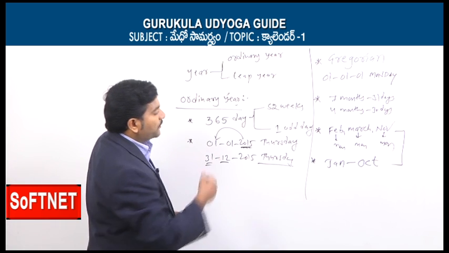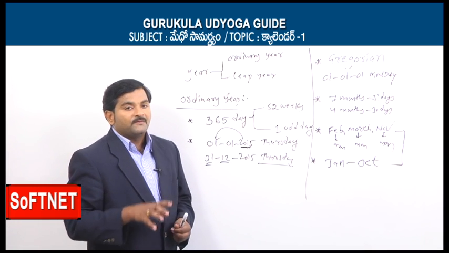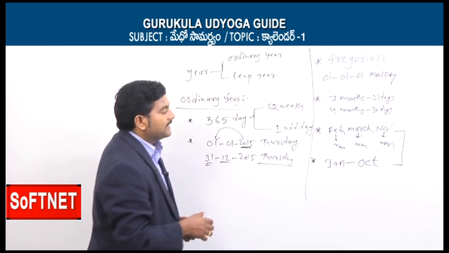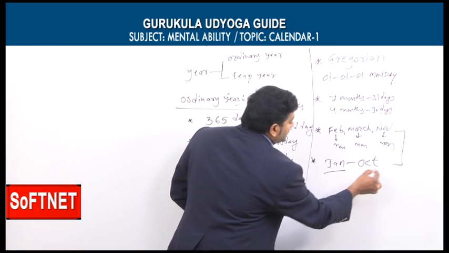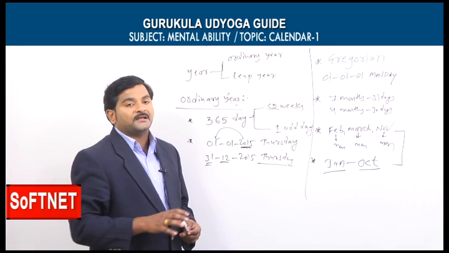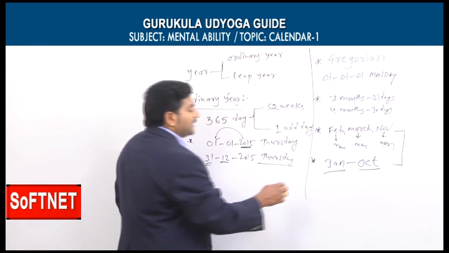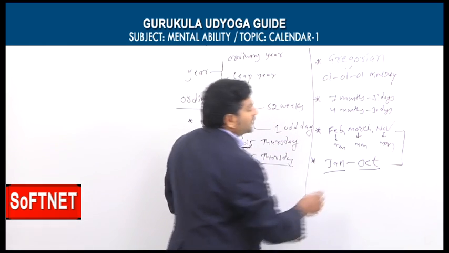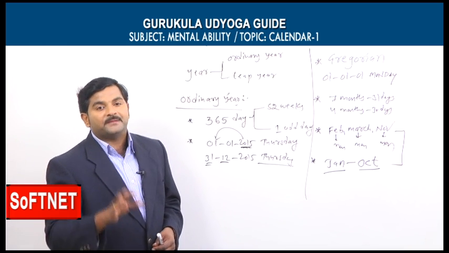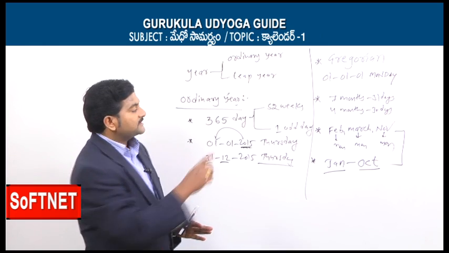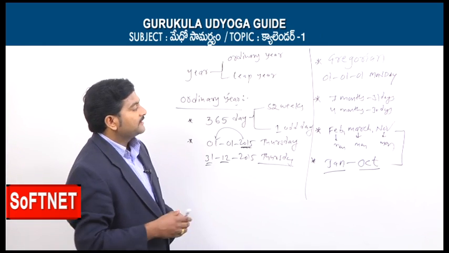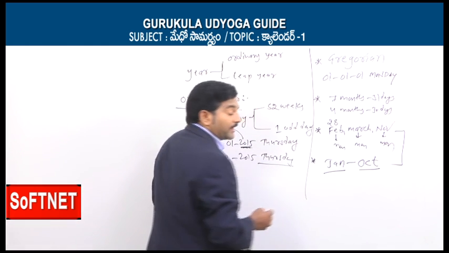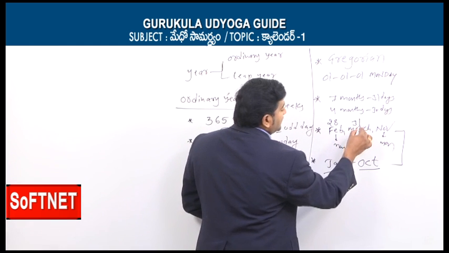What I told in the above point: usually in an ordinary year, February, March and November are starting with the same day. Here also, if you observe, January and October are both starting with the same day. But here these 2 are said to be same calendar months, whereas those 3 months are said to be starting with only the same day. Why is there a difference between these 2 points? It's clear by taking an example. February is having how many days? 28 days. March? 31 days.